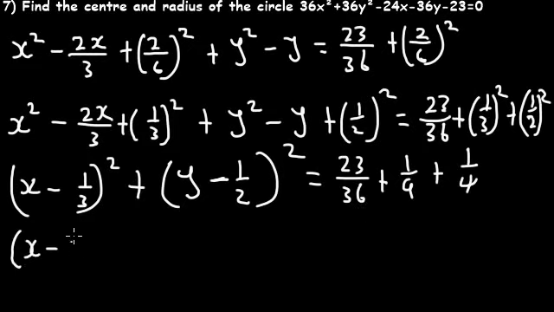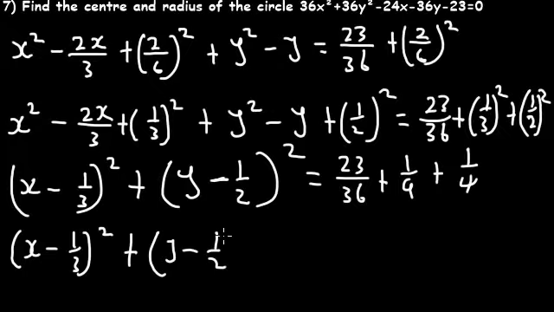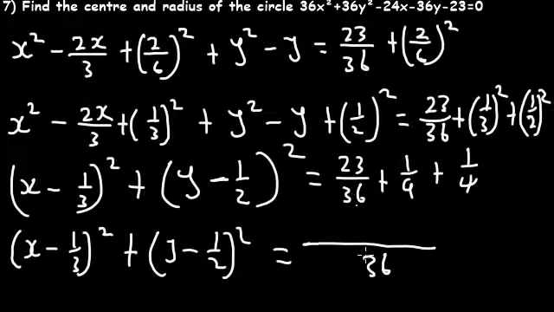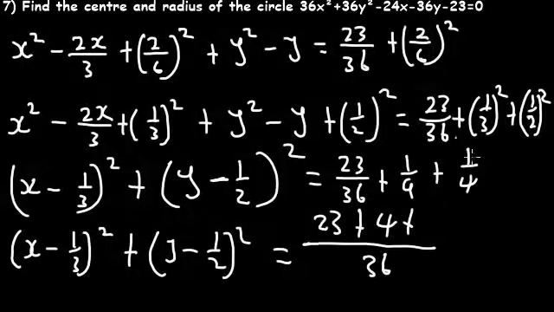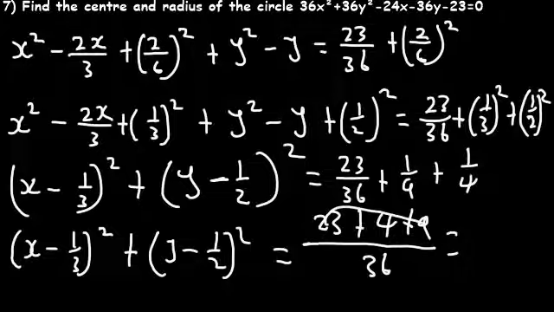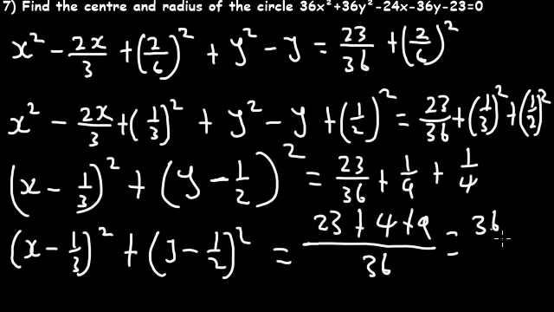We have x minus 1/3 squared plus y minus 1/2 squared equals, with 36 as the LCM: 36 into 36 is 1 times 23 gives us 23, plus 9 into 36 is 4 times 1 is 4, plus 4 into 36 is 9 times 1 is 9. So 23 plus 4 gives us 27. When we add 9 to that, we get 36. So we have 36 over 36, which is equal to 1.